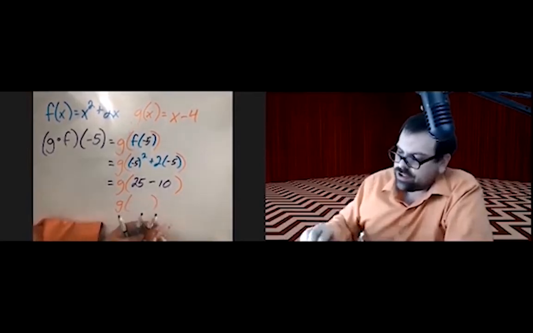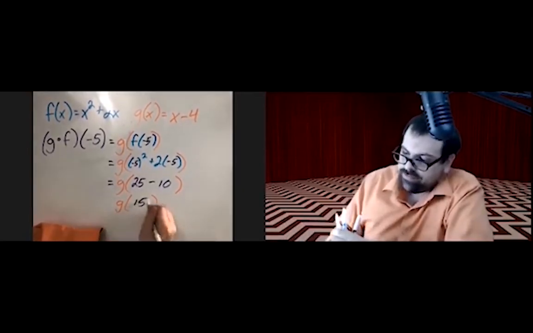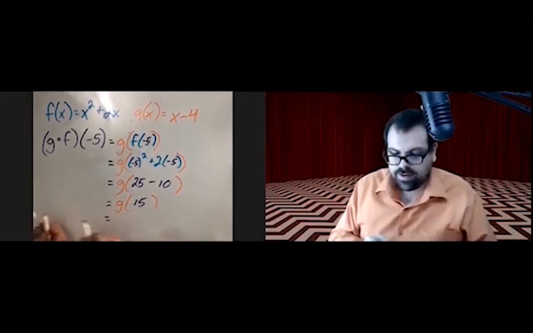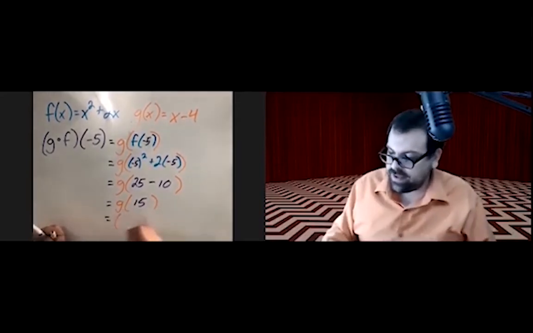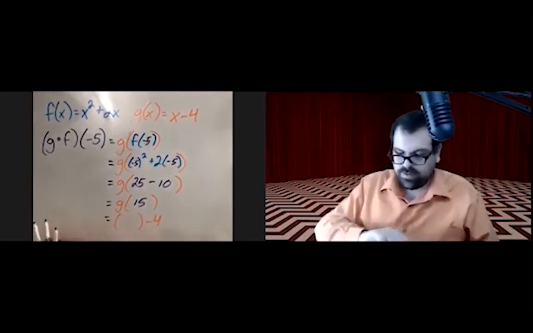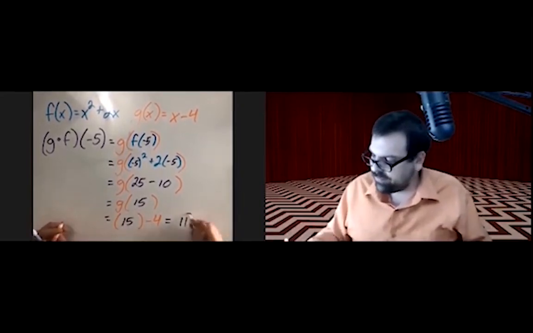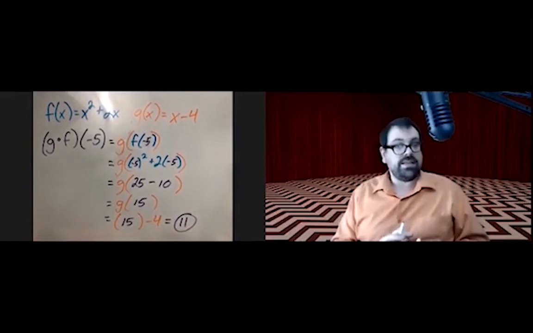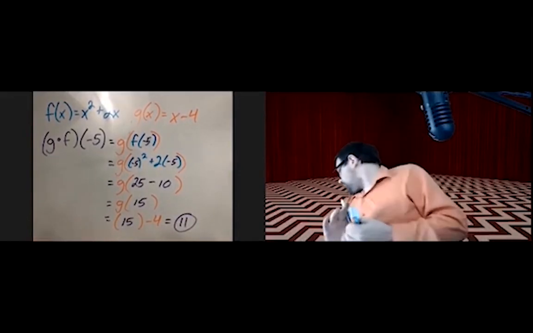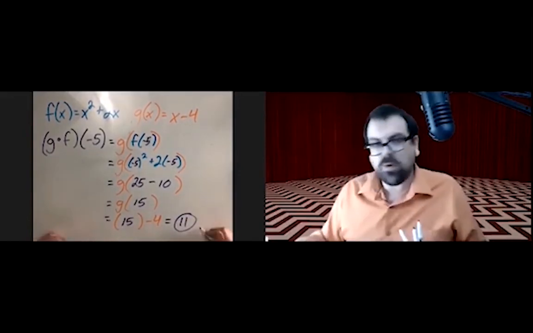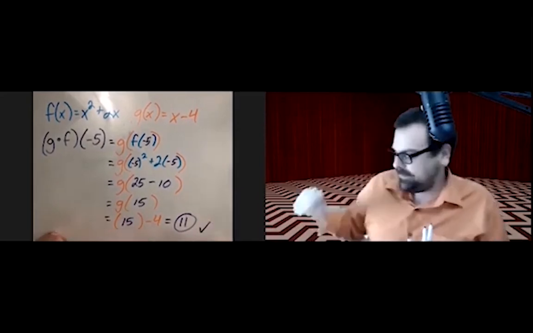So we're looking for G of 15. And that's going to be the thing minus 4. Here the thing is 15. And 15 minus 4 gives us 11. Which is right. I didn't change that one.